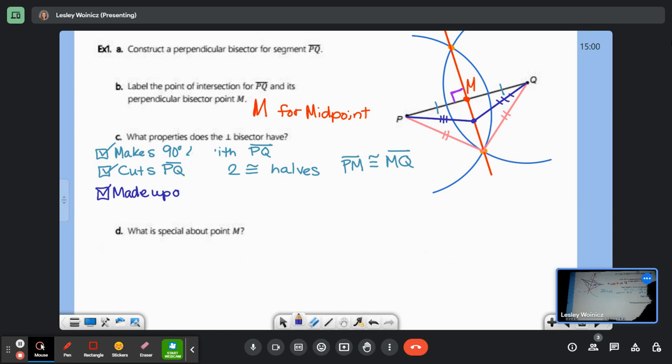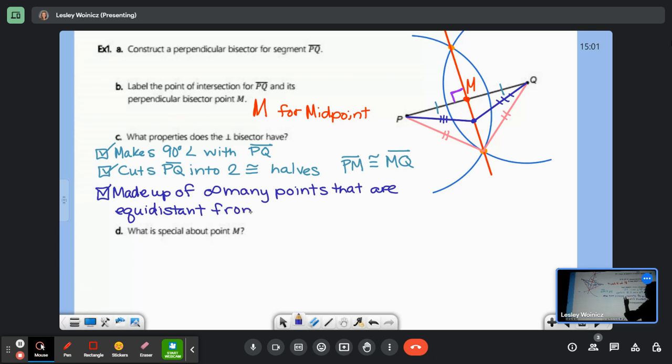Oh, goodness gracious, made up of infinitely many points that are equidistant from points P and Q. Okay, that was a lot.